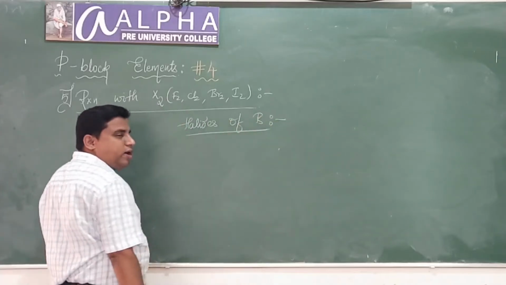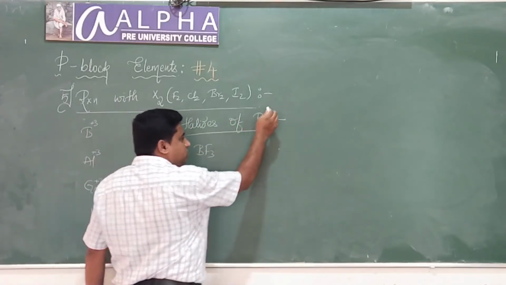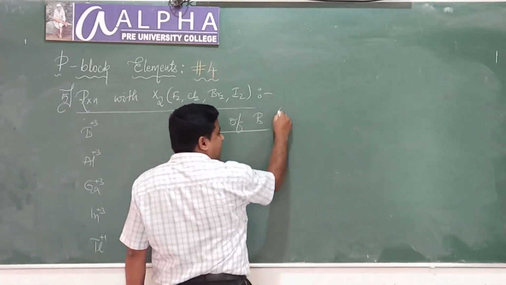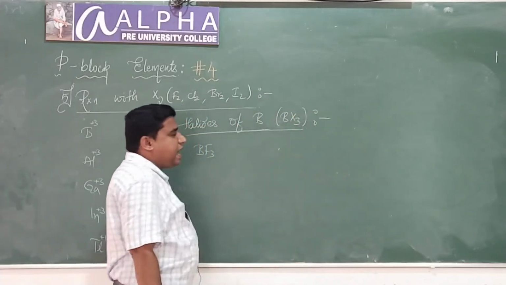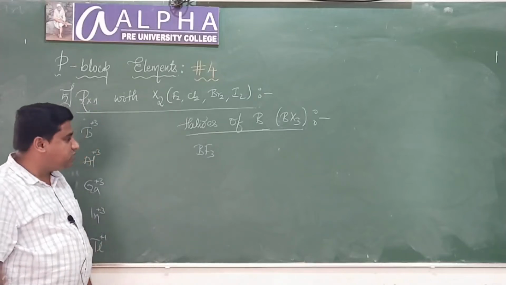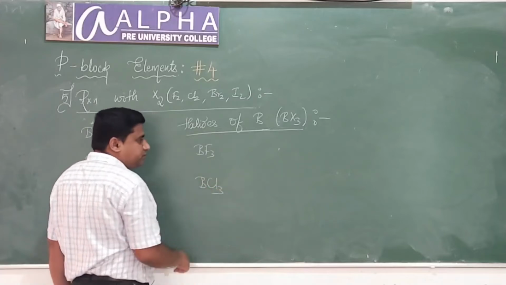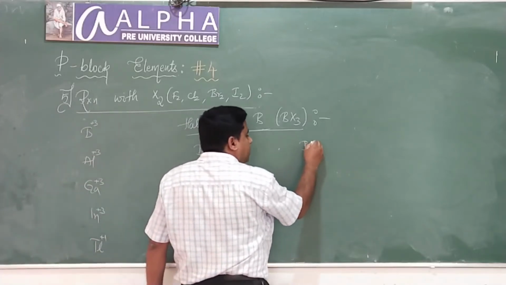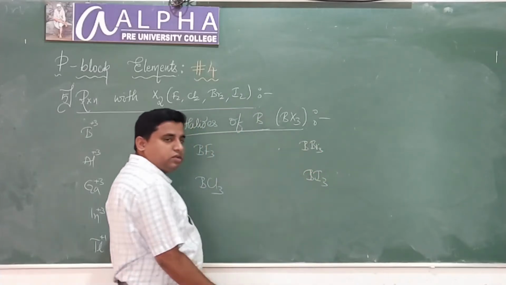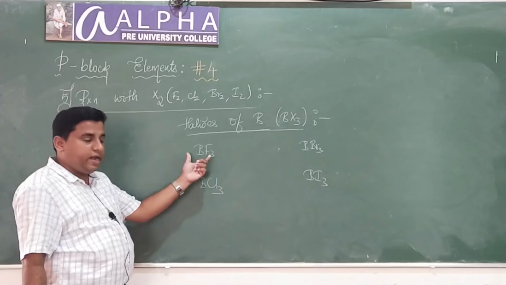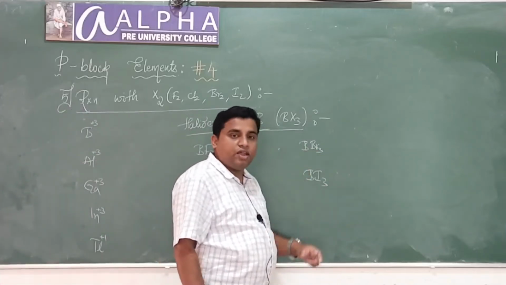Boron will form halides of the type BX3. So we have boron trifluoride, boron trichloride, boron tribromide and boron triiodide.